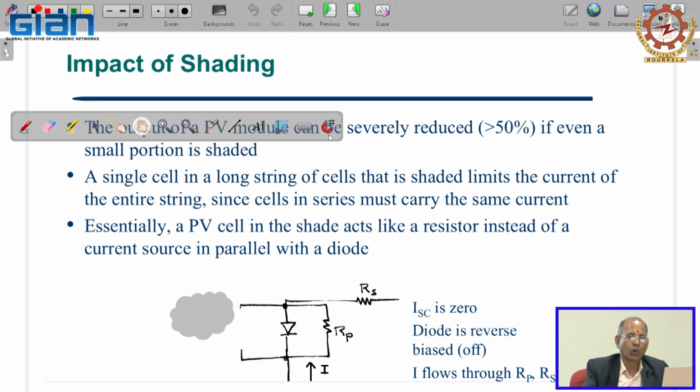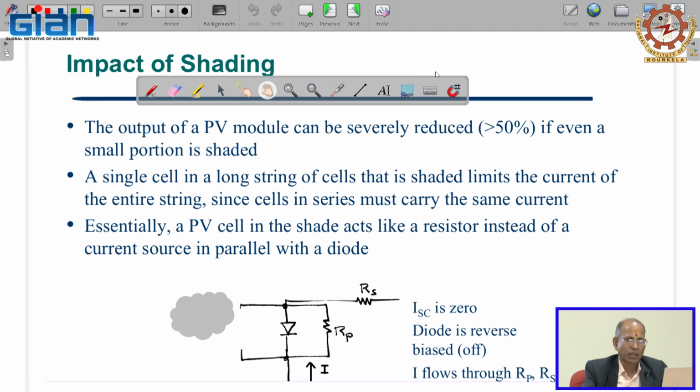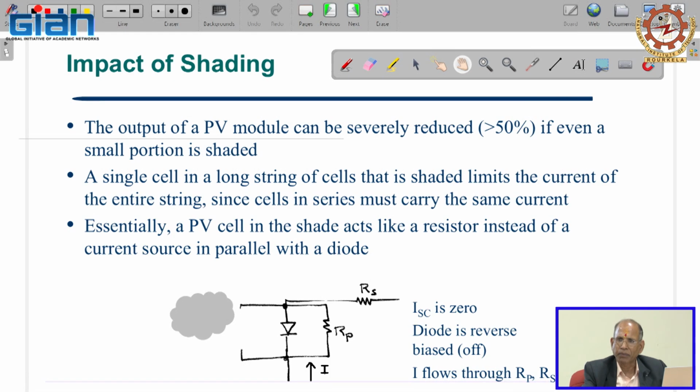Now let us see the impact of shading. As you see, when there is shading, it has a significant effect. Power output could drop by 50%, even if only a portion is shaded.